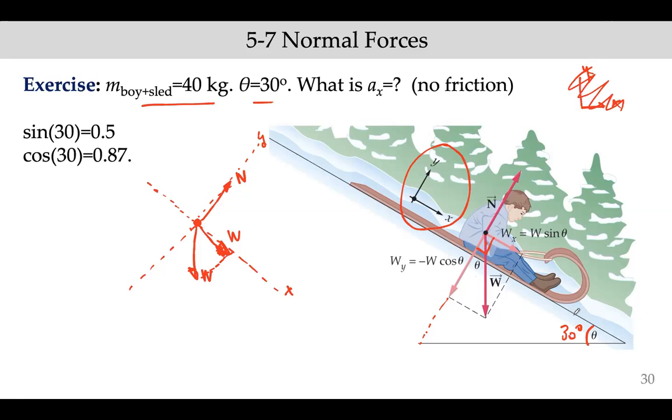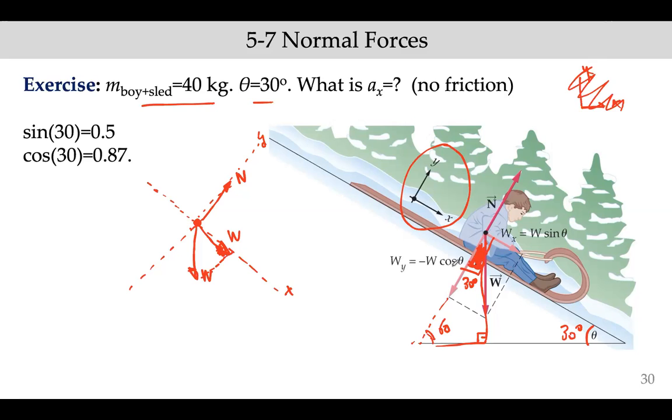If this is 30 degrees, and this is also 90 degrees, then this becomes 60 degrees. Now you can look at this triangle. If this is 60 degrees, this is 90 degrees, then this angle here becomes 30 degrees.